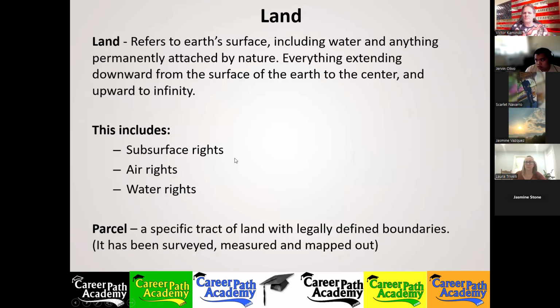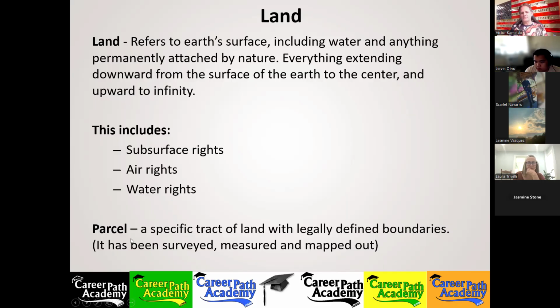So this includes subsurface rights, including any minerals that are in the ground, not just the space below the surface of the earth, but also any minerals and such that may be in the ground. The gold, the silver, oil, gas, or other minerals. The air rights above the property, and the water rights for any water on the land.